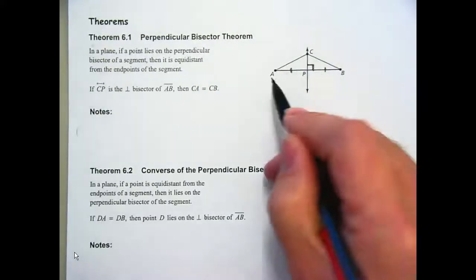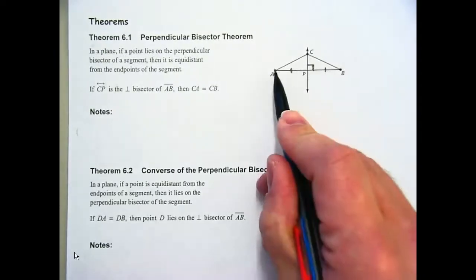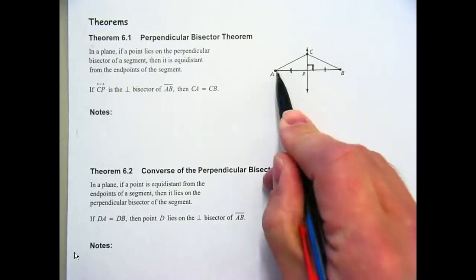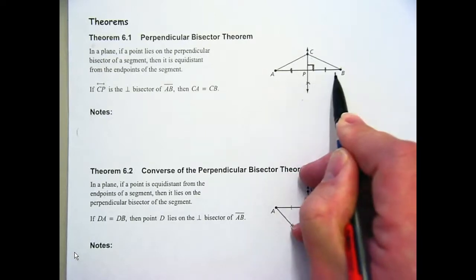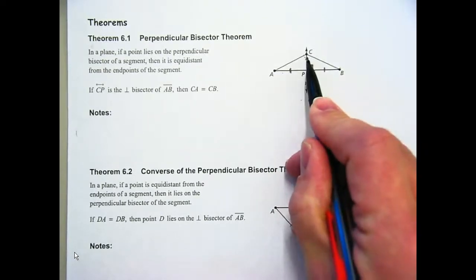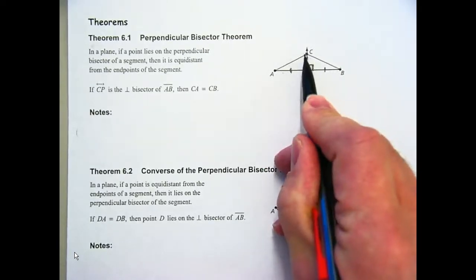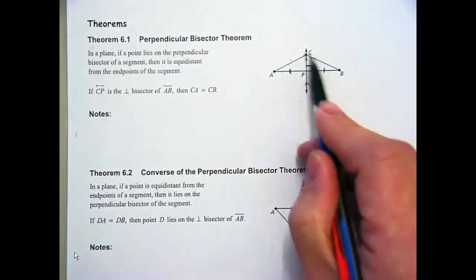Okay, if a point lies on it, then it's equidistant from the endpoints A and B. So that means any point on this line is going to be the same distance away from A as from B. So if I put a point here, it's the same distance from B as it is to A. And then if I put a point here, this distance is going to be the same to each of those. Just like point C here, that makes this distance the same as that distance.